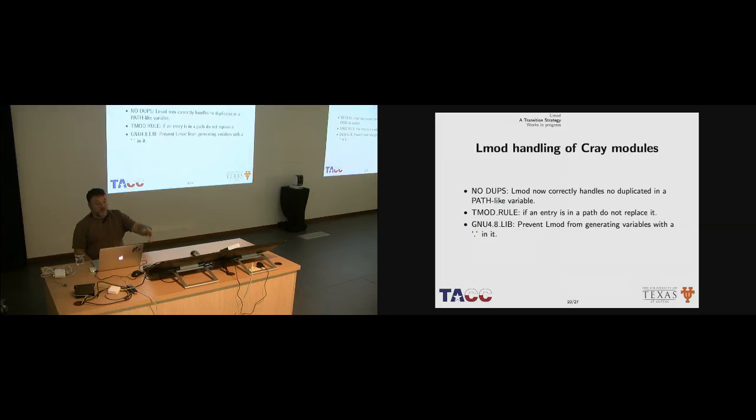Lmod supports whether you want duplicates or not. But Cray modules use this path-like feature to maintain a stack of modules that are loaded, and so it gets very confused.